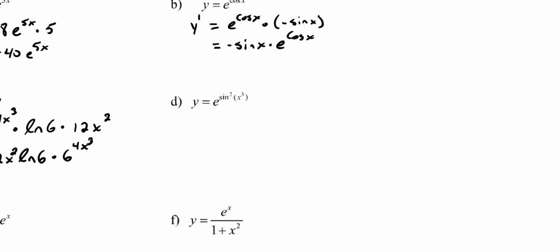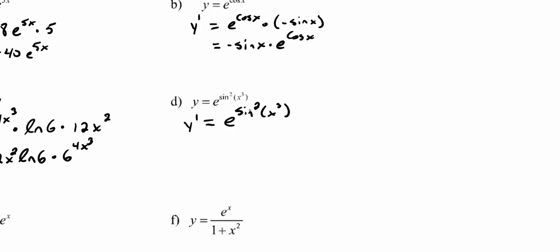Okay, next one. So y prime of this guy. Well, first off, first step's really easy, isn't it? It's the derivative of e to the power of x, when this is my x, it's just the same thing written again. So e to the power of sine squared x to the power of 3. And then I'm just going to move on from there. Now the inside of my function, I'm just looking at this one.